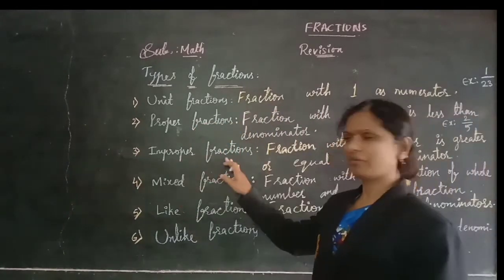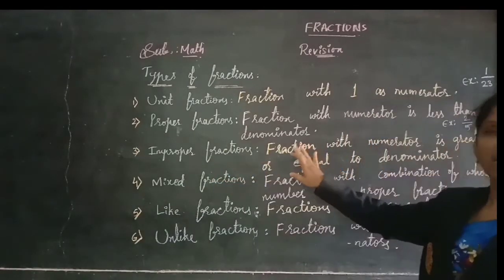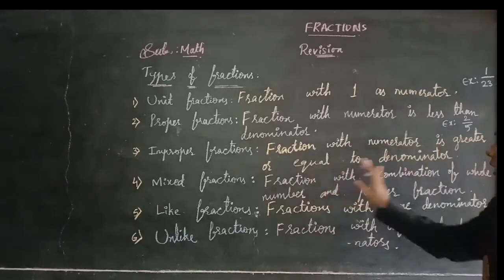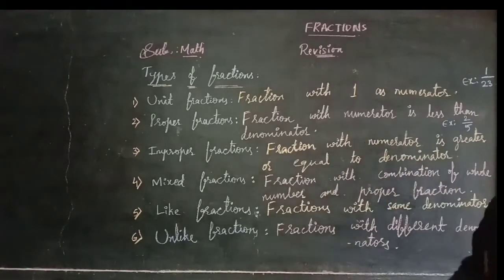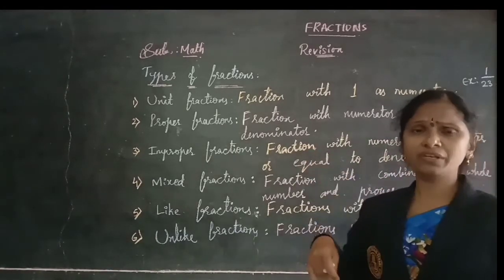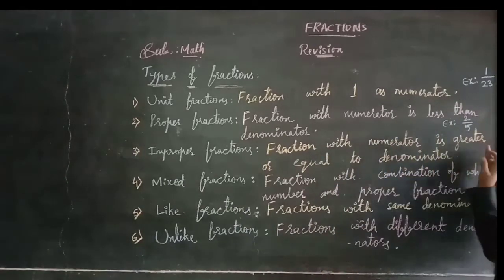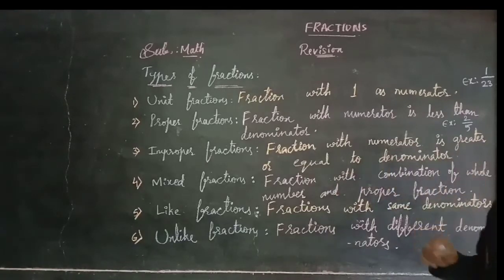Coming to improper fraction. Improper fractions are fractions whose numerator is greater than or equal to the denominator. Whatever fraction you take, the numerator should be greater or equal.